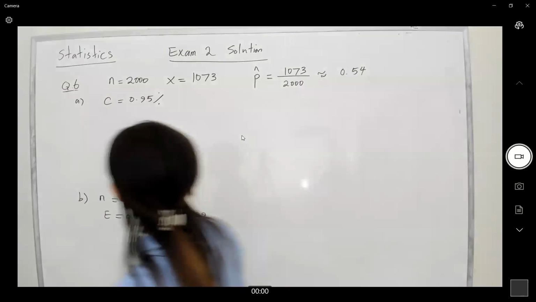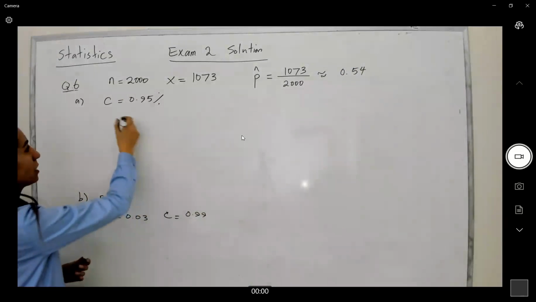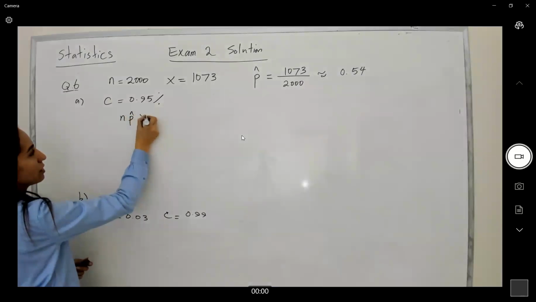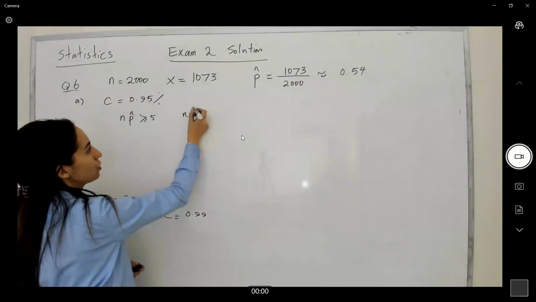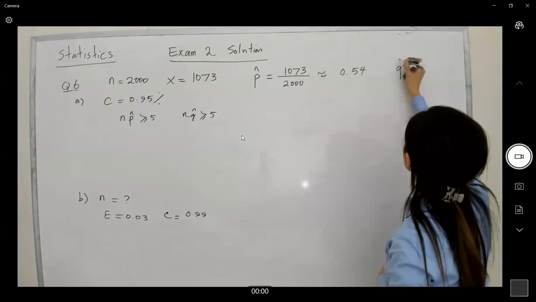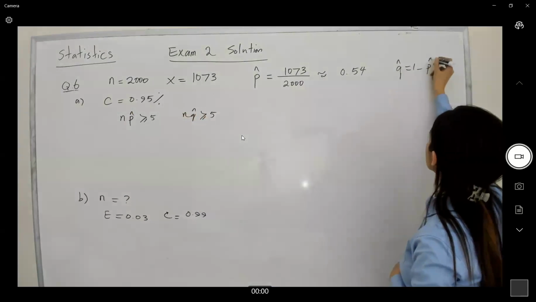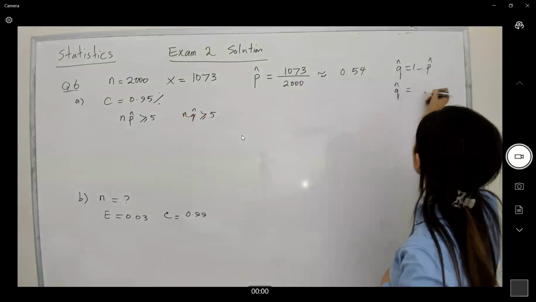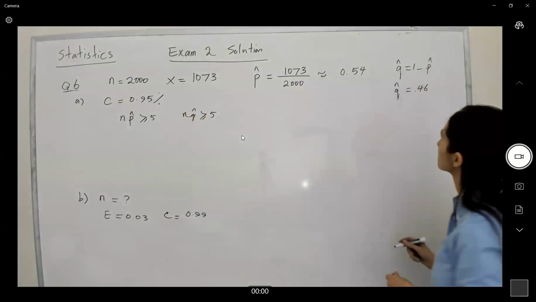Thank you. So now n P hat is greater than or equal to 5 and n Q hat is greater than or equal to 5. Remember that Q hat is 1 minus P hat. So your Q hat is 46%.